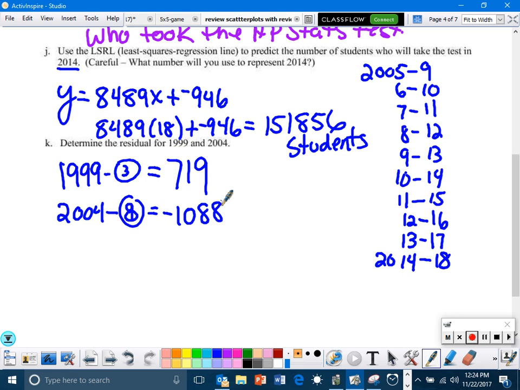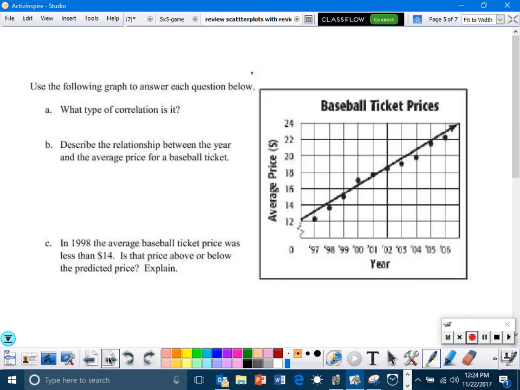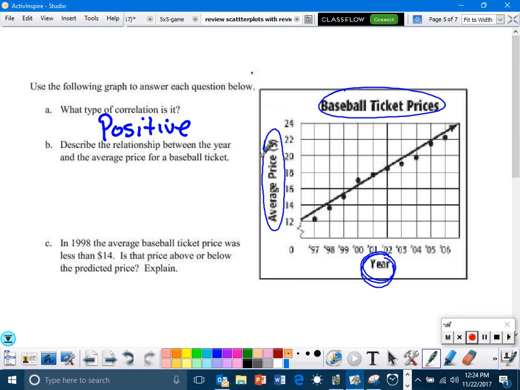All right, next page. Use the following graph to answer each question below. What type of correlation is it? Okay, well, the dots are going up, so it is positive. Describe the relationship. Well, I see the bottom is the year. This is dealing with baseball tickets. So this is the year, and on the side is the average price.